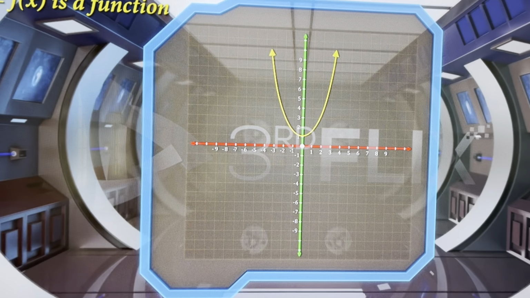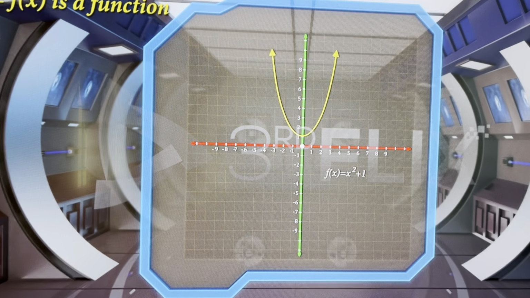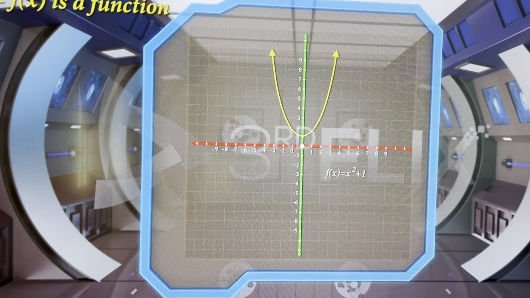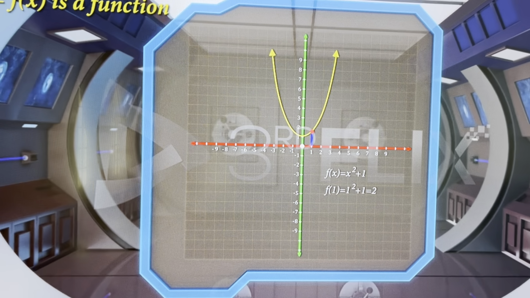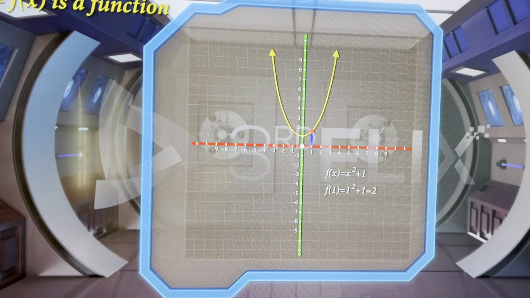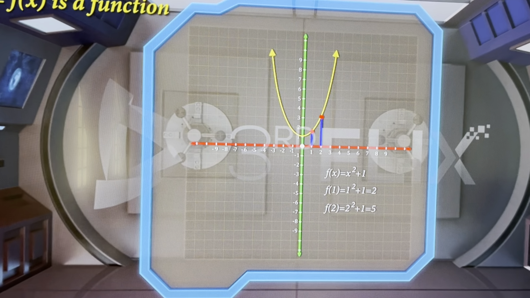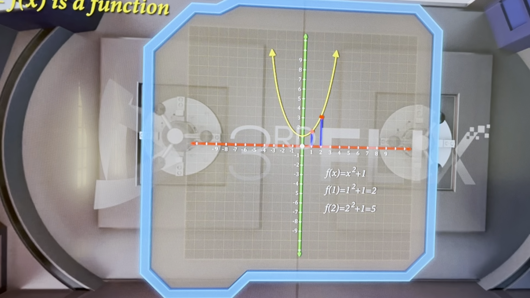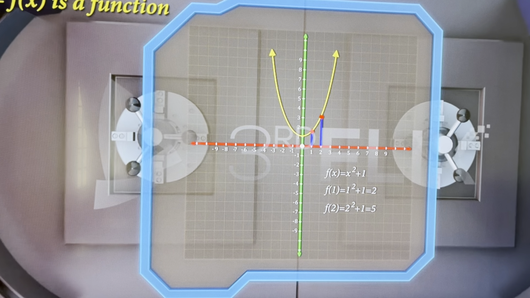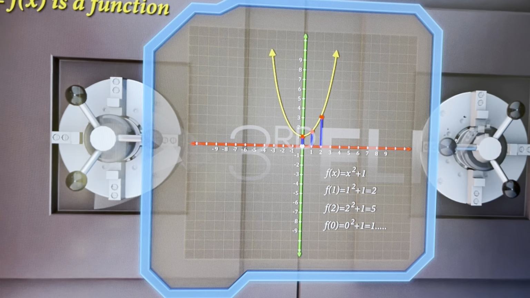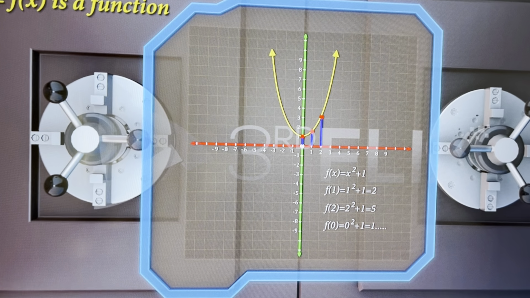Example: if f of x equals x squared plus 1, then f of 1 equals 1 squared plus 1 equals 2. f of 2 equals 2 squared plus 1 equals 5. f of 0 equals 0 squared plus 1 equals 1, etc.